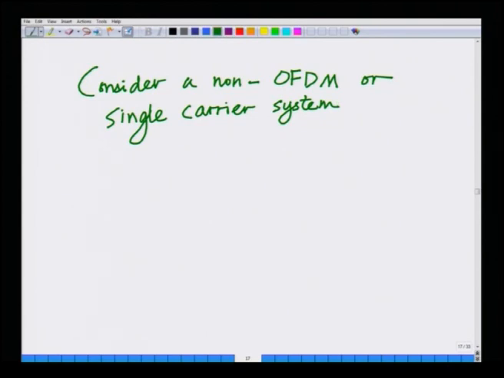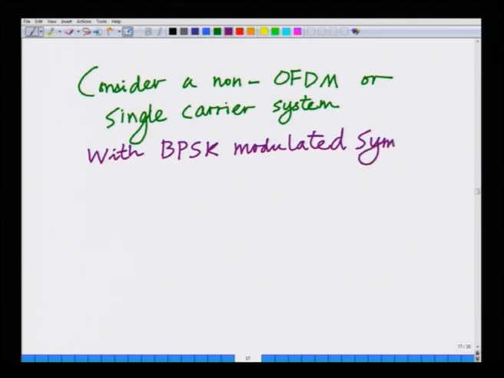For instance, consider a typical single carrier system with BPSK modulated symbols.